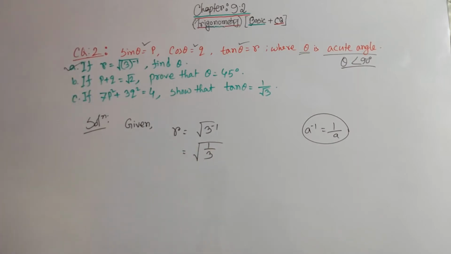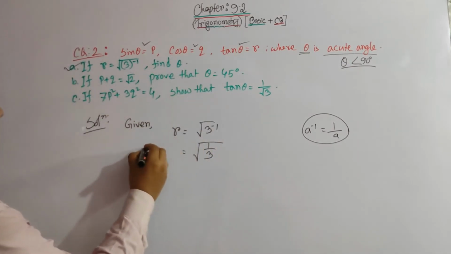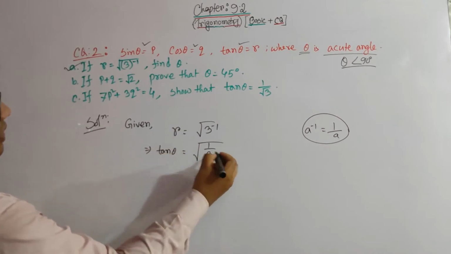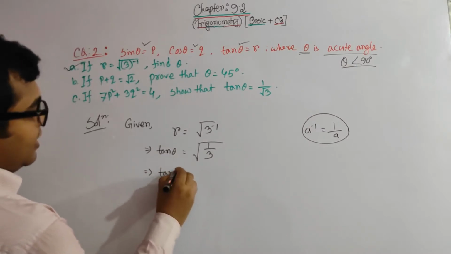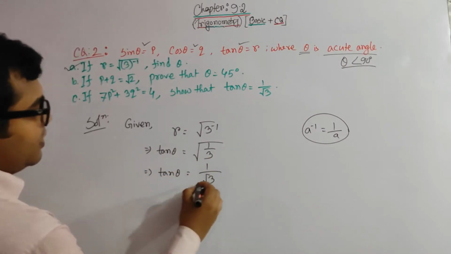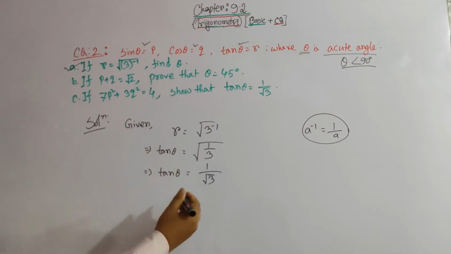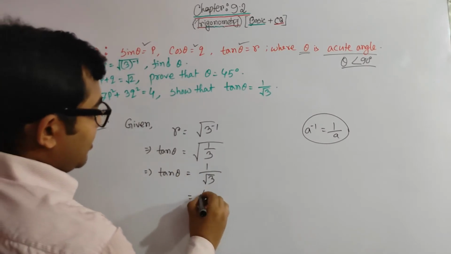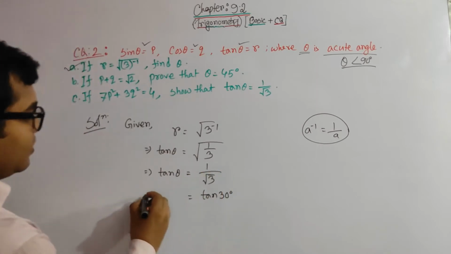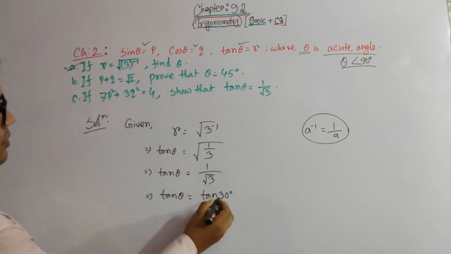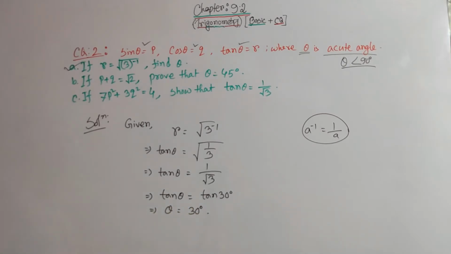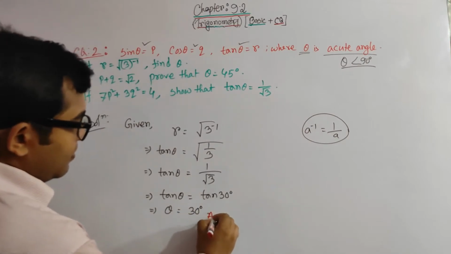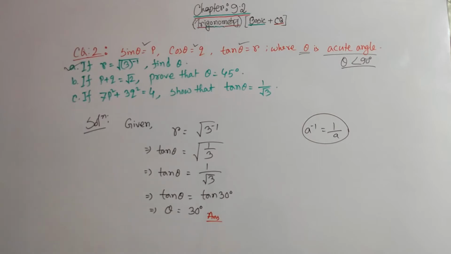The value of r is also given, this is tan theta, so tan theta equals root over 1 by 3, which can be written as 1 by root over 3. This is nothing but tan 30 degrees. So tan theta equals tan 30 degrees, so theta equals 30 degrees. This is how we can solve for theta. This is answer number 1.